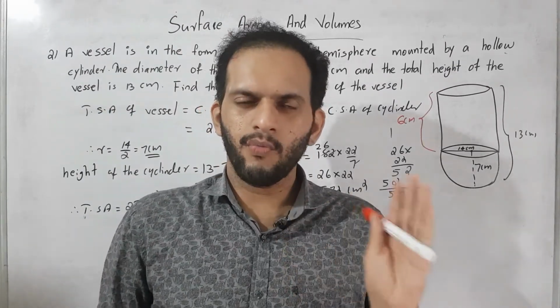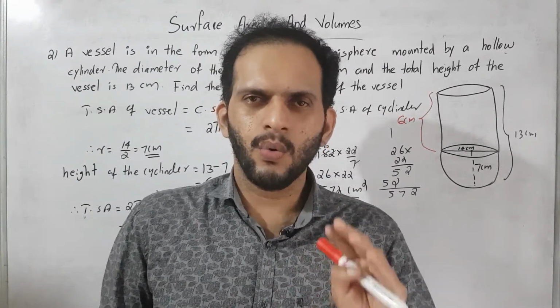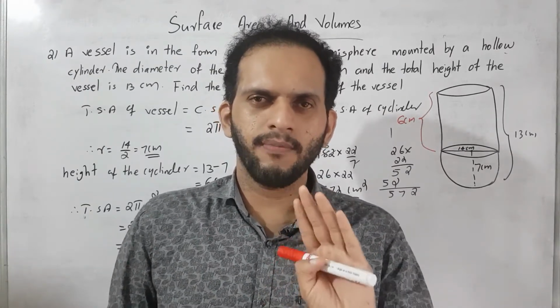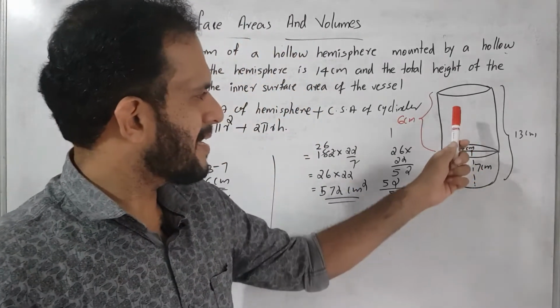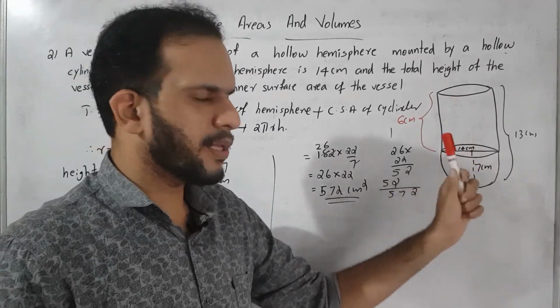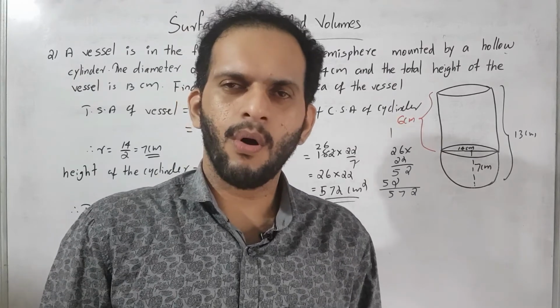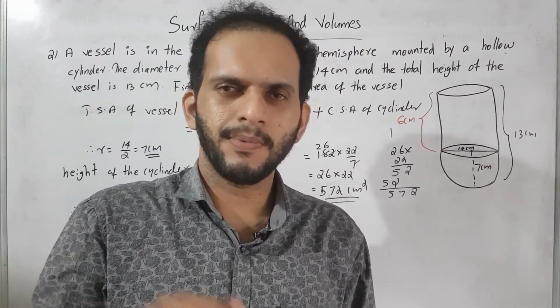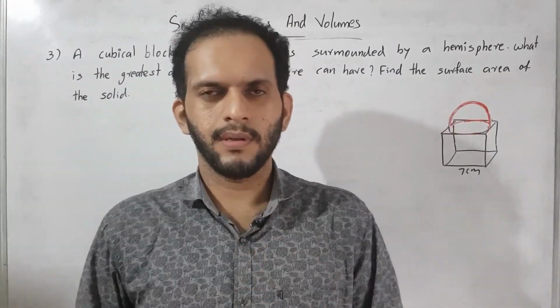Okay, here we join the two figures, hemisphere and cylinder. So the total surface area of this vessel is equal to the sum of the CSA of the cylinder plus the CSA of the hemisphere. Okay, this is an idea we follow in all the cases except some cases I told you in the beginning. Okay, the next question is like this.